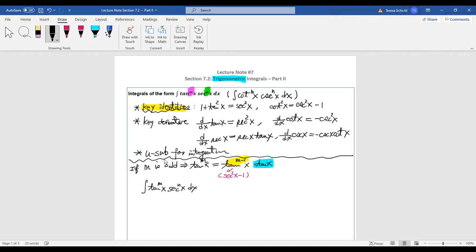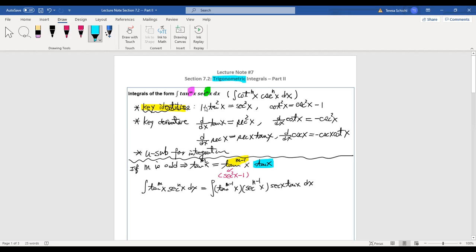So what you can do here is tangent^(m-1) x, and then the secant here becomes secant^(n-1) x. So now you have a secant x tangent x dx.